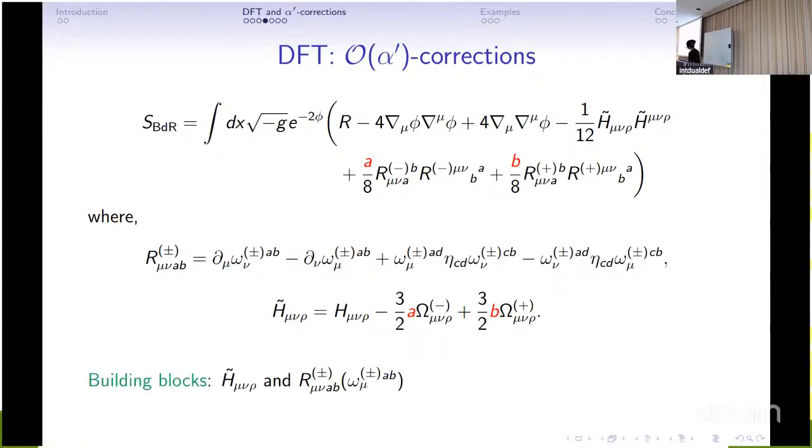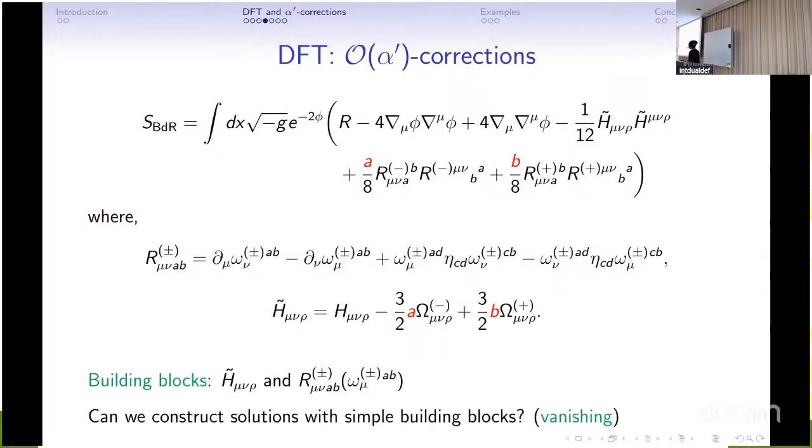The takeaway from here, one thing to notice, is the building blocks for the alpha prime part: it's H tilde and this R plus minus, or the torsion for Riemann curvature. Or rather, if you really look with a magnifying glass, you'll see that it's just this torsionful spin connection, which is the building block showing up here.